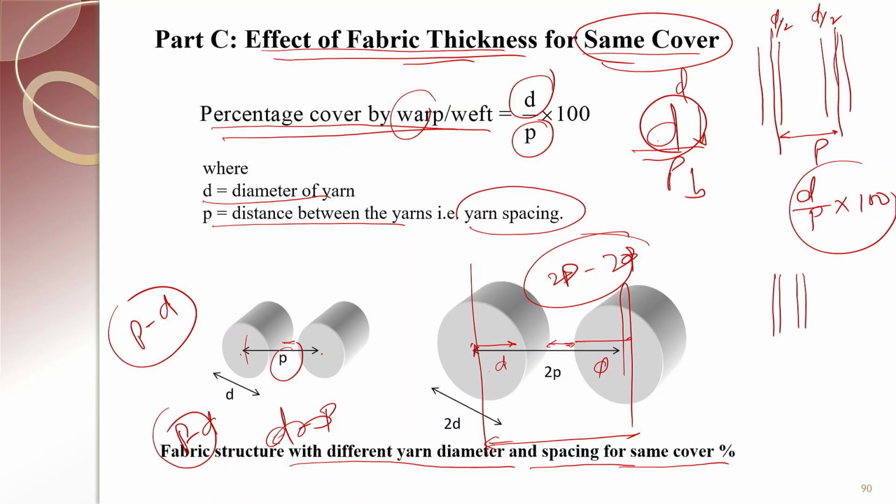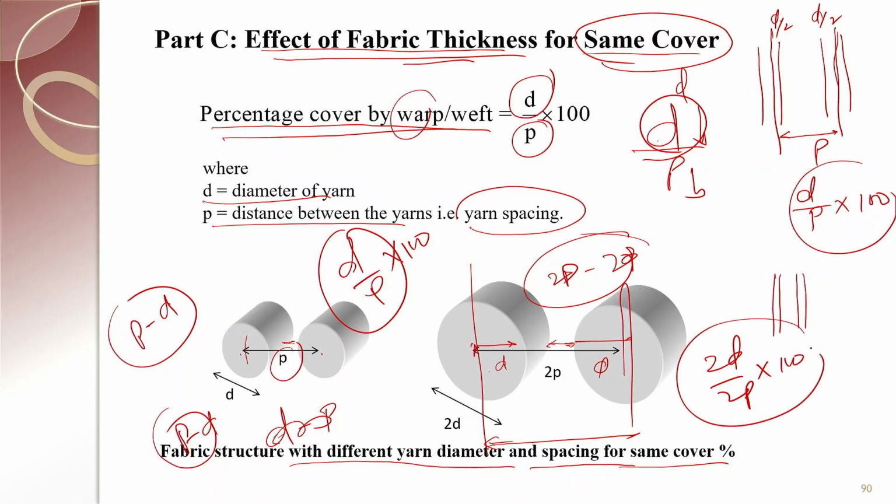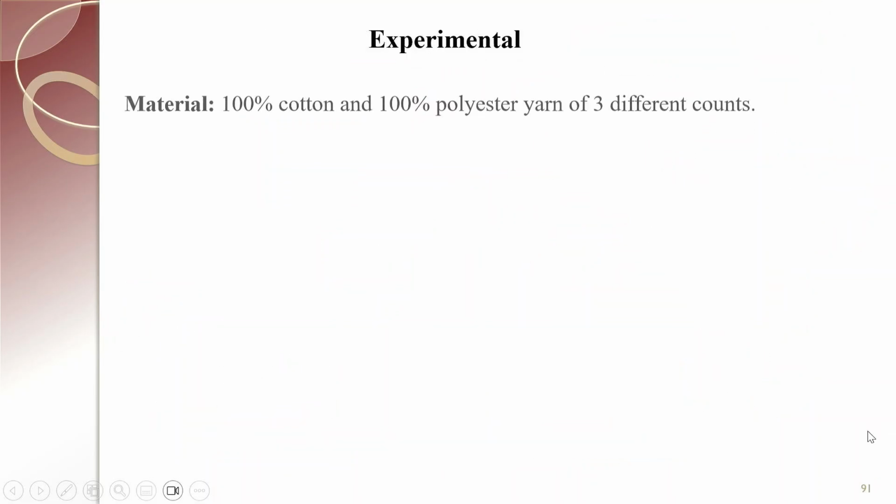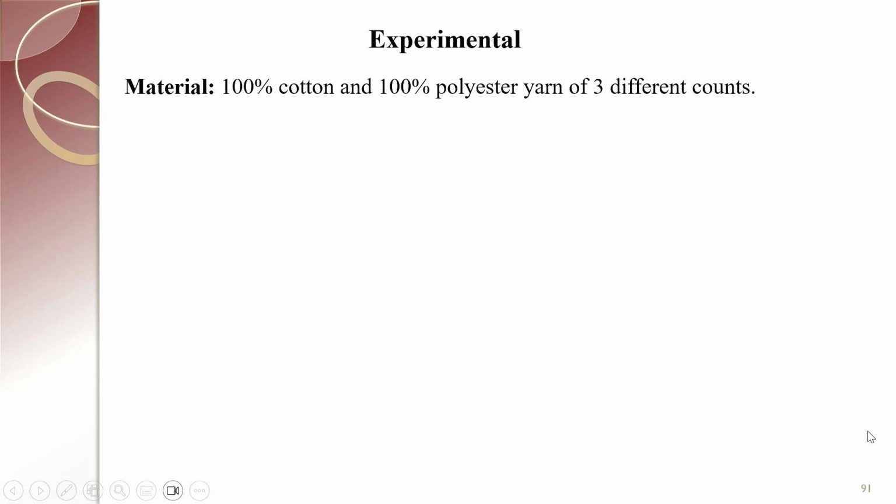If we see the cover factor, the fabric cover will be d by P times 100, and for the coarser yarn this will be 2d by 2P. So, effectively the percent cover will be the same. With this approach we have designed our experimental plan.